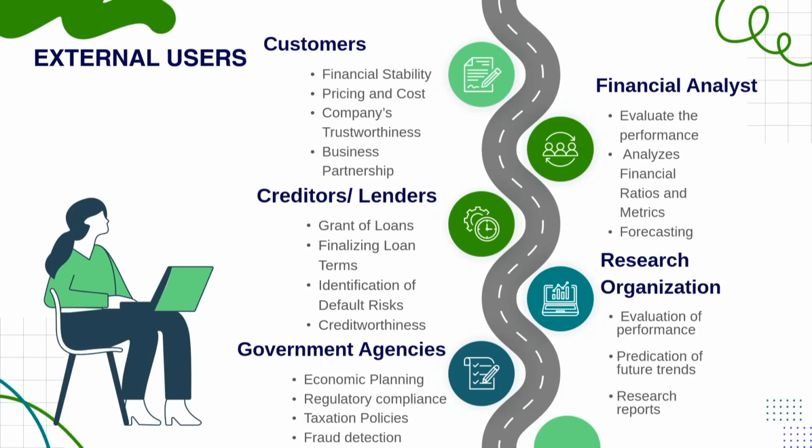They are vested with the further objectives of regulatory compliance, taxation policies, and fraud detection, because governments are not only looking at body corporates as a source of revenue, they are also there to play the role of watchdogs. They are there to safeguard the interest of all the stakeholder community because they are the sovereign.